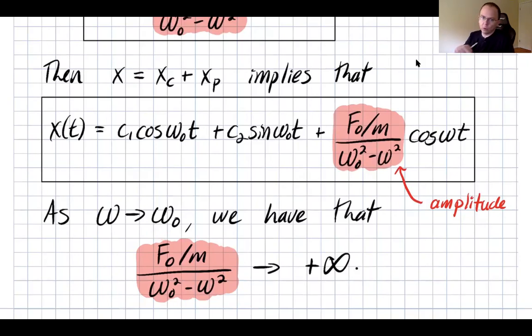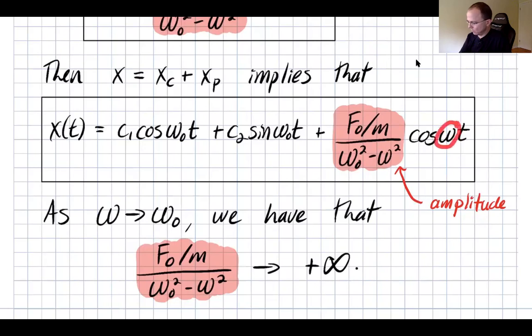And that's why when the soldiers are marching across the bridge, if the frequency of their march is very close to one of the natural frequencies of the bridge, then we can start to see a very large amplitude in the oscillations of the bridge due to the marching of the soldiers.